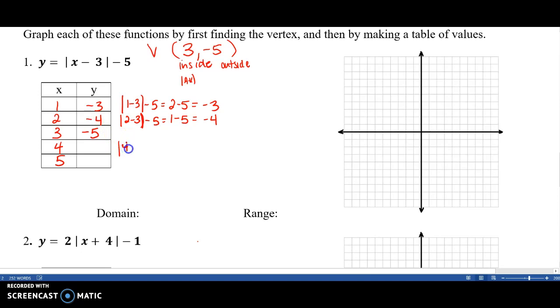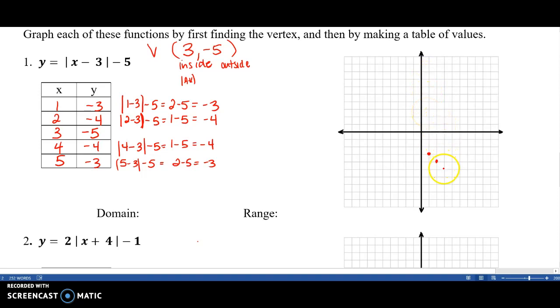We come down here, 4 minus 3, absolute value, minus 5. 4 minus 3 is 1, minus 5, negative 4. And if we put a 5 in, 5 minus 3, minus 5, that's 2 minus 5, negative 3. So we notice the symmetry here, so we're probably in pretty good shape. Let's plot our points. 1, negative 3 is down here. 2, negative 4 right there.